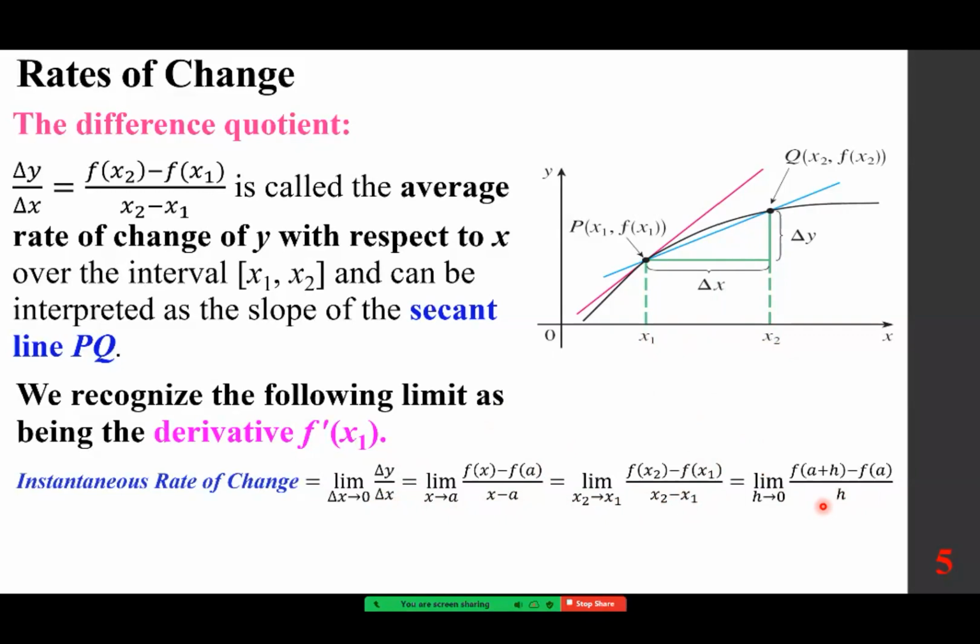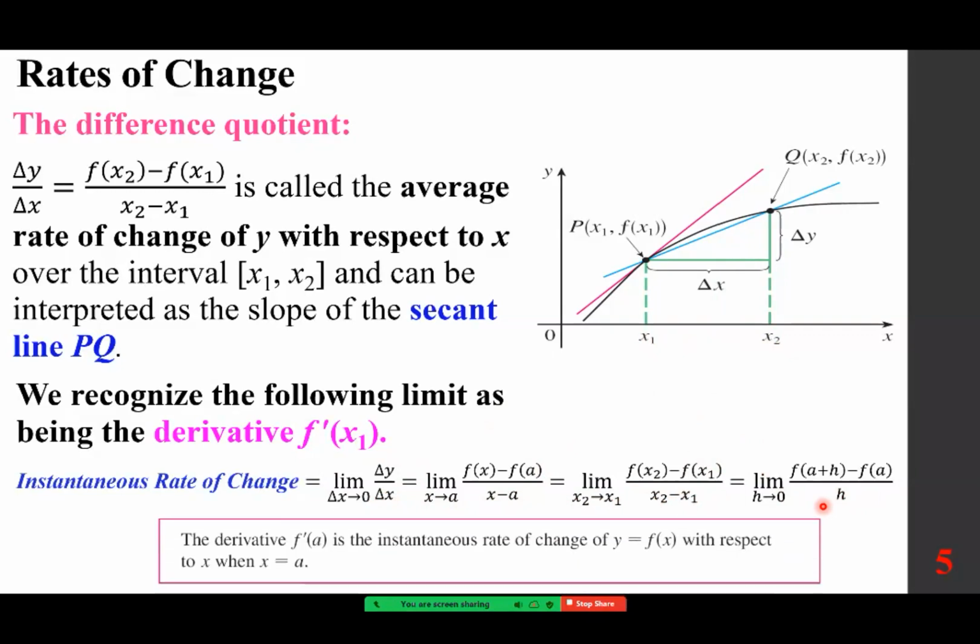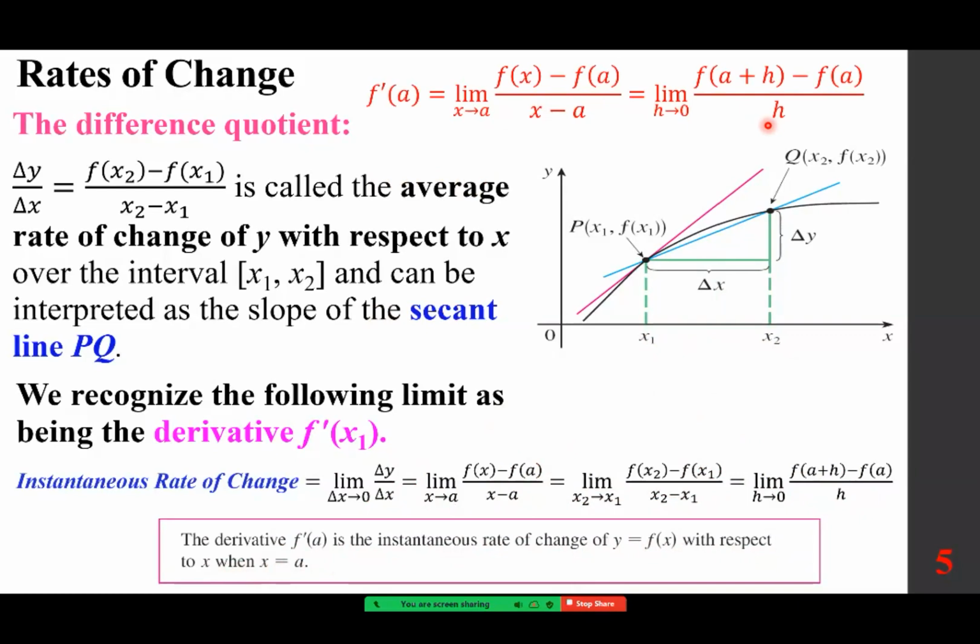All of them mean the same thing. So the derivative f prime of a is the instantaneous rate of change of y equals f of x with respect to x when x equals a, and there are two ways of approaching it, and we will look at examples doing just that.